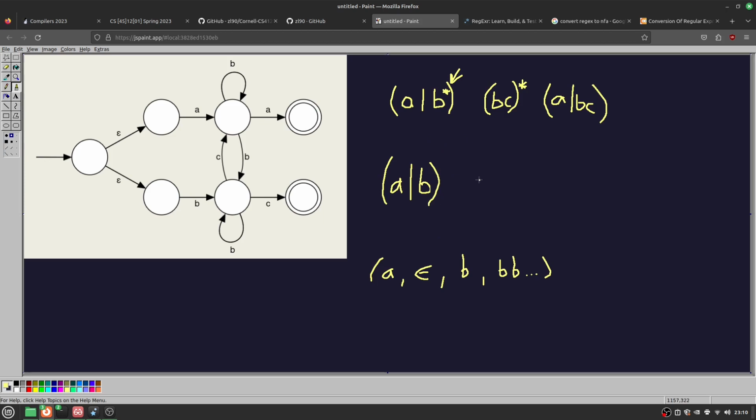Then, from there, if we do a C, it has to be following a B. It has to end with A or C. Could have any number of B's in between.